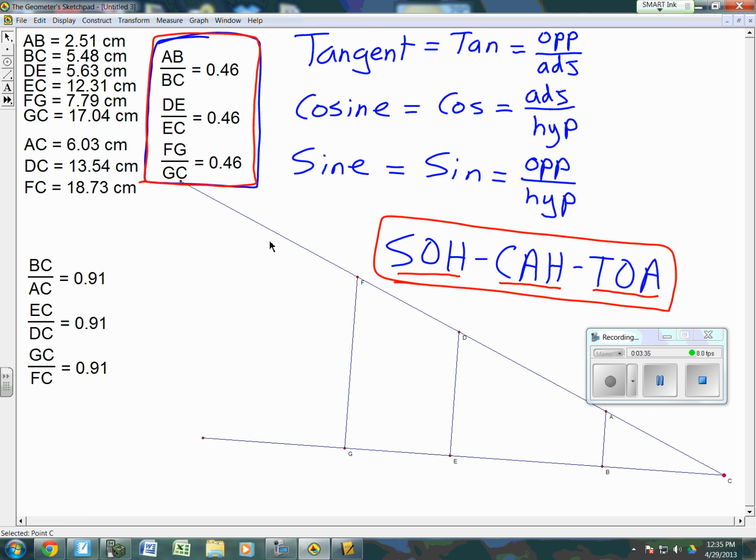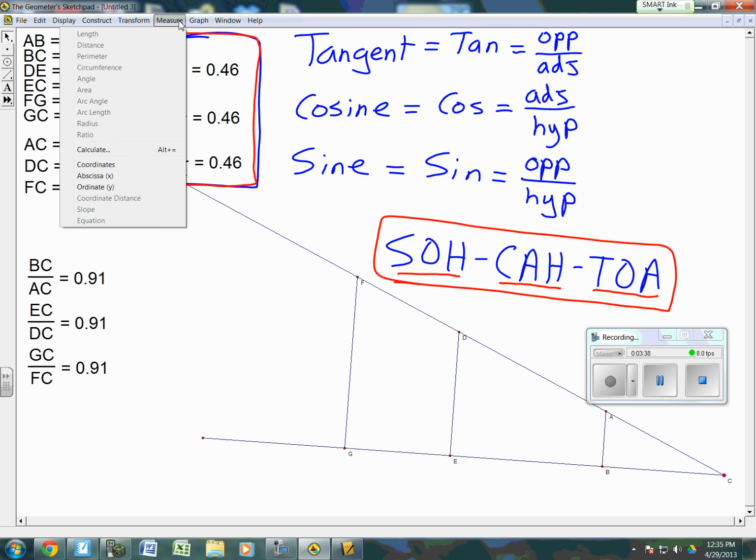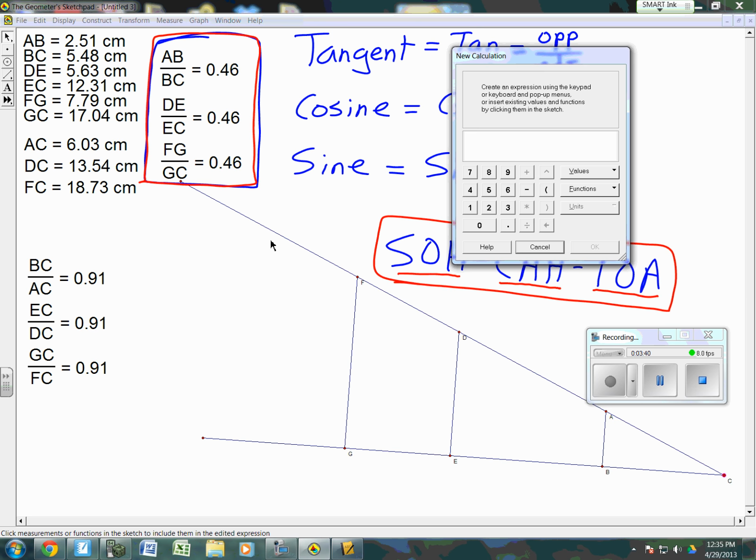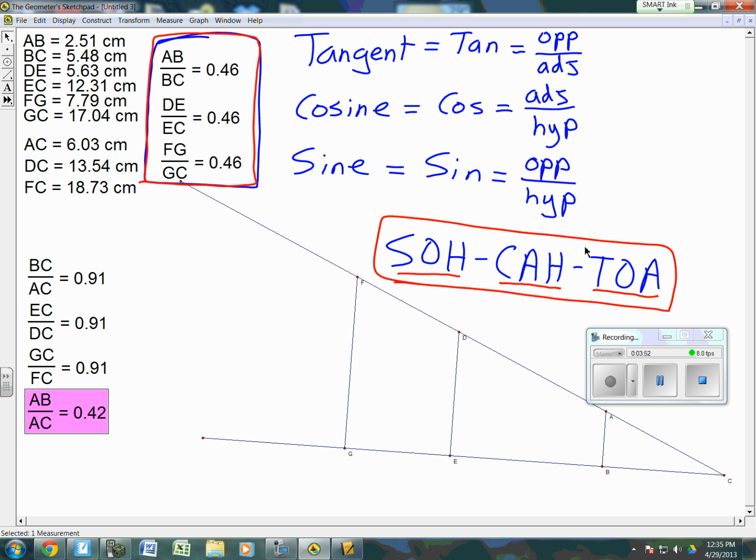Let's do sines. What would be the sines? Opposite over hypotenuse. So AB over AC. So find AB divided by AC. I'm going to put those right here. Okay, which one?